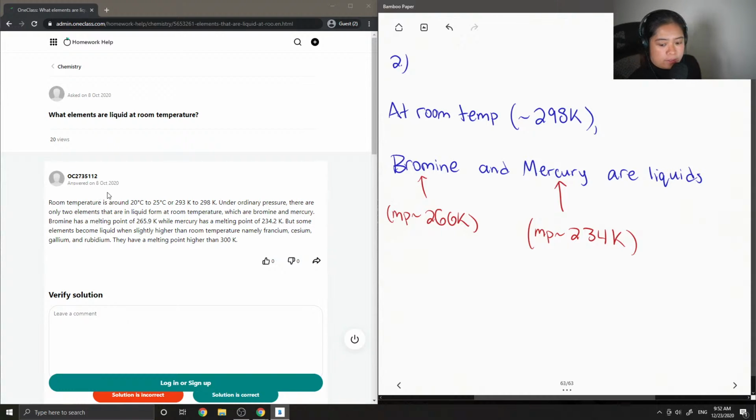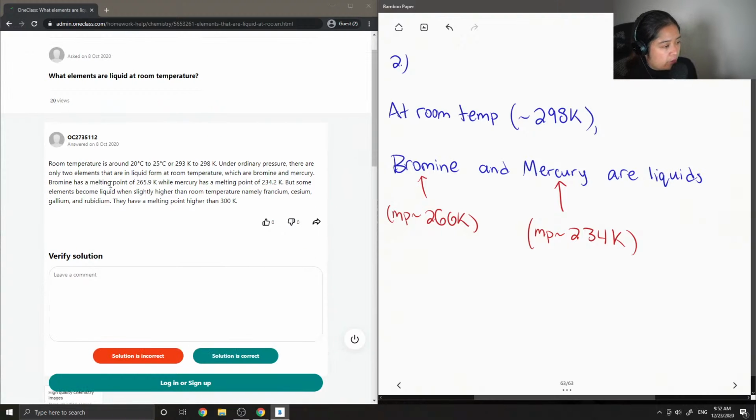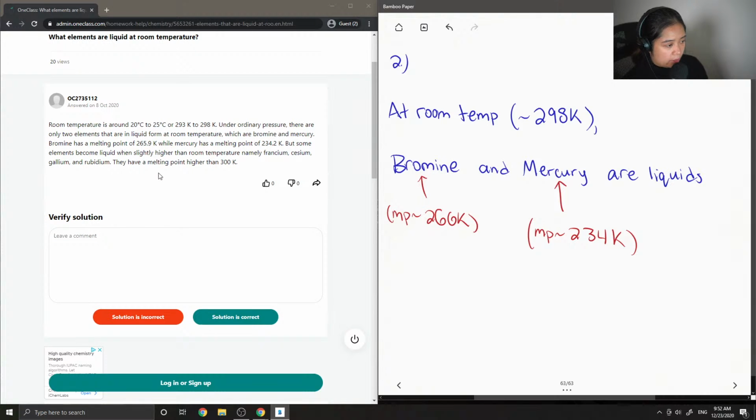Okay, so the junior tutor said room temperature is around 20 degrees to 25 degrees, or 293 Kelvin to 298 Kelvin. Under ordinary pressure, there are only two elements that are in liquid form at room temperature, which are bromine and mercury.